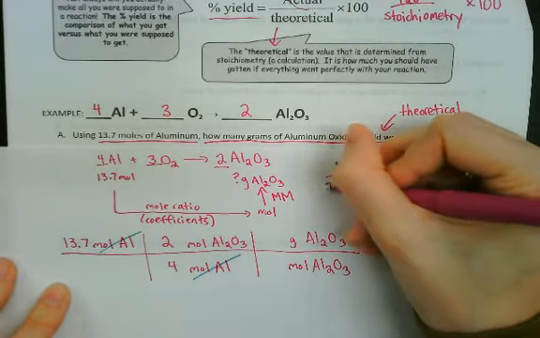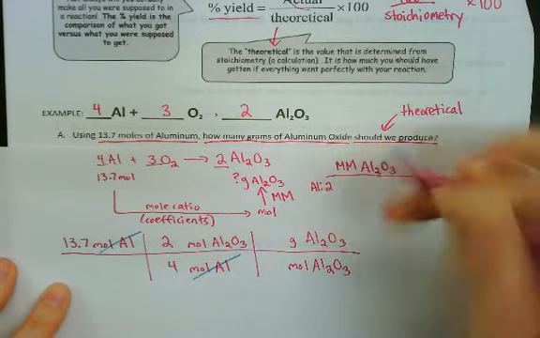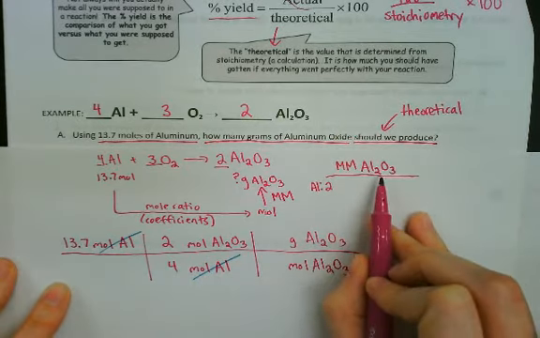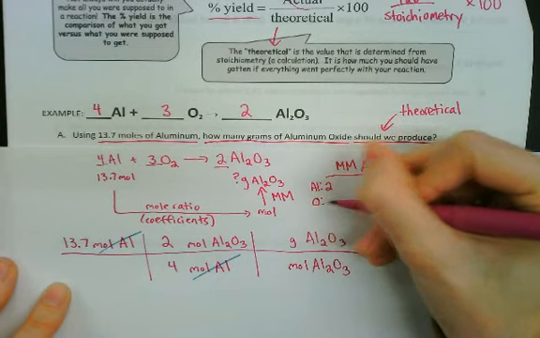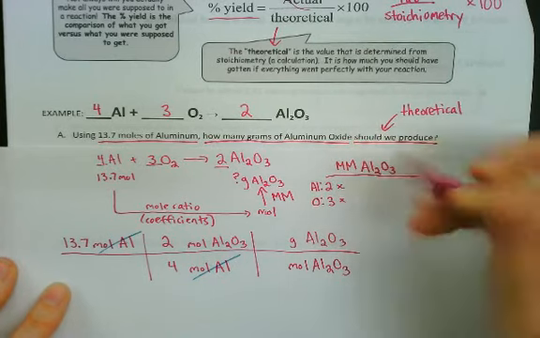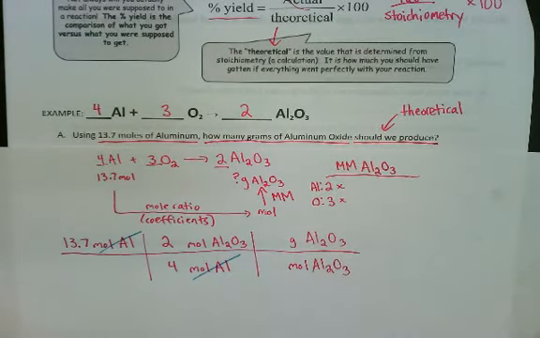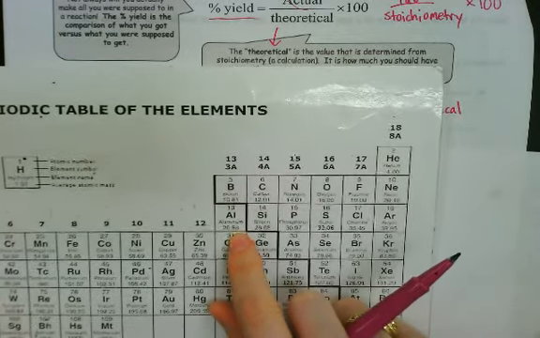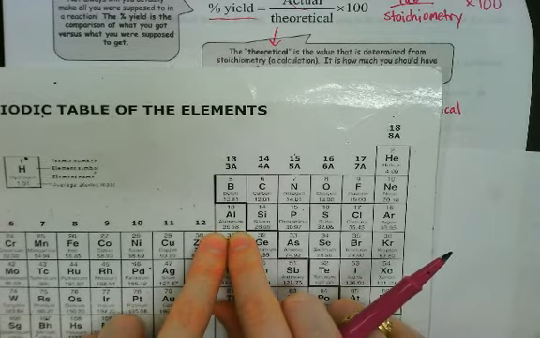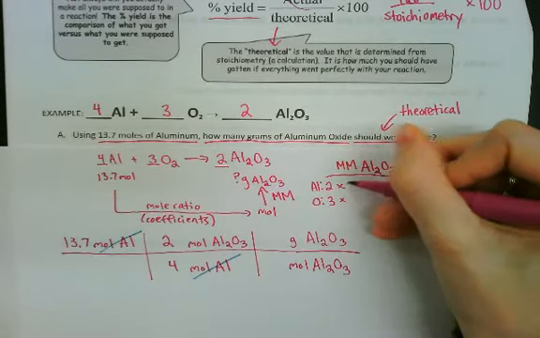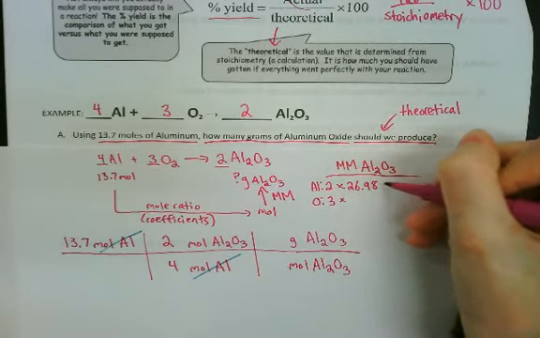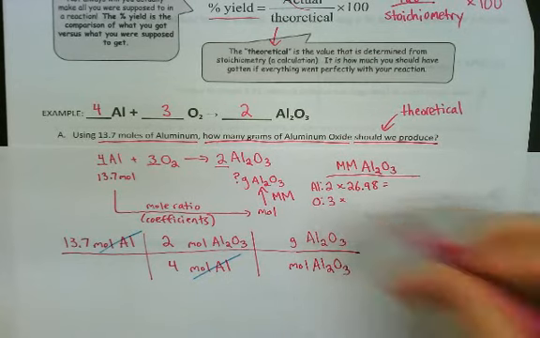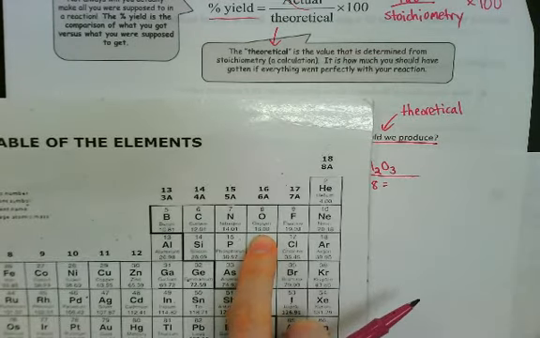So molar mass of aluminum oxide, we have 2 atoms of aluminum, and we have 3 oxygen. So I'm going to come over to my periodic table and grab my average atomic mass of aluminum, 26.98. We're going to have to do that times 2. And oxygen, my average atomic mass, is 16.